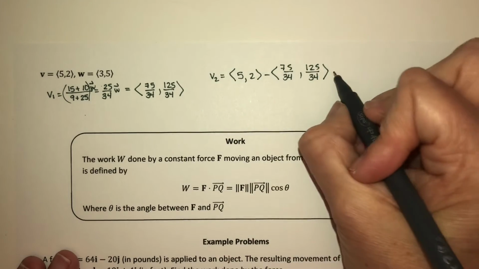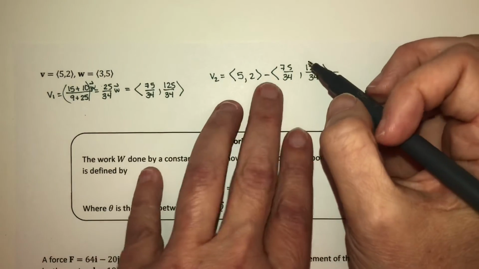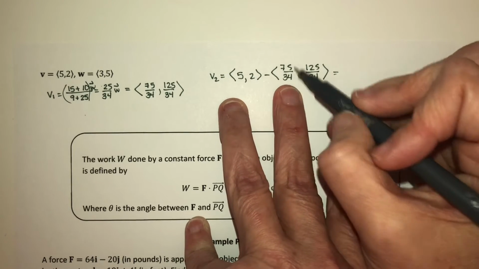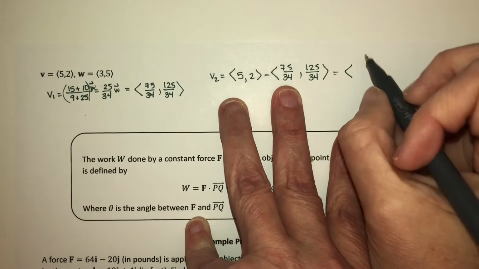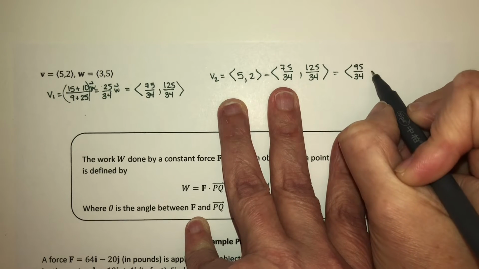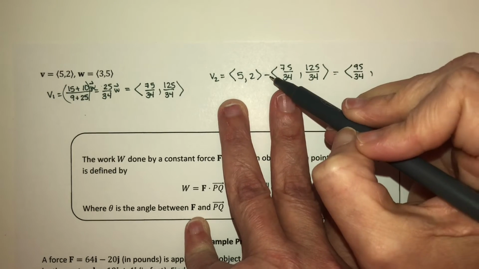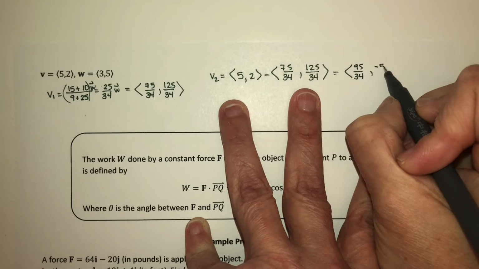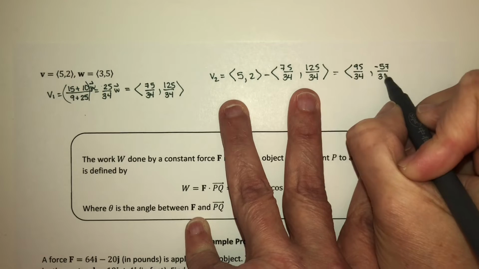And subtract, getting common denominators. And you get that 5 minus 75 over 34 is equal to 95 over 34. And 2 minus 125 over 34 is negative 57 over 34.